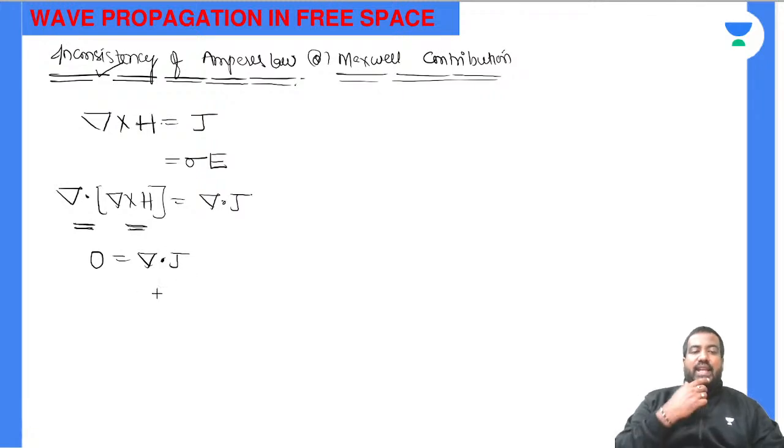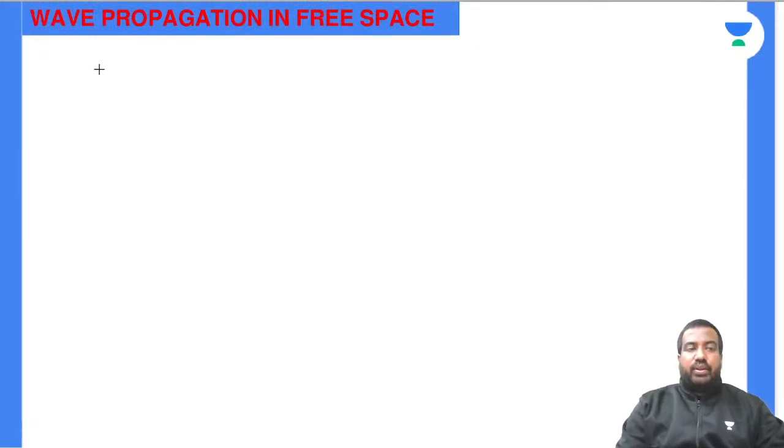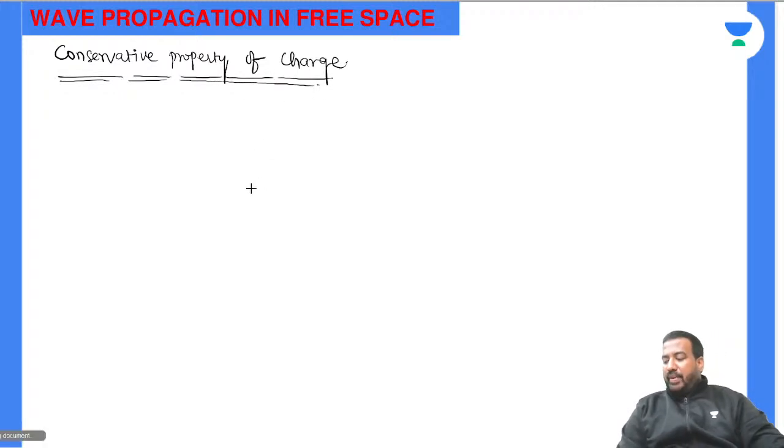There is a small ambiguity here. What is that ambiguity? You'll get this ambiguity from the conservation property of charge. You know what the conservation property of charge is?